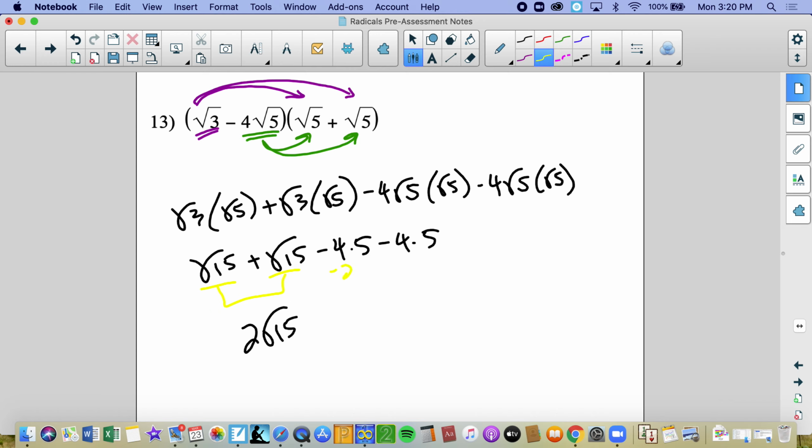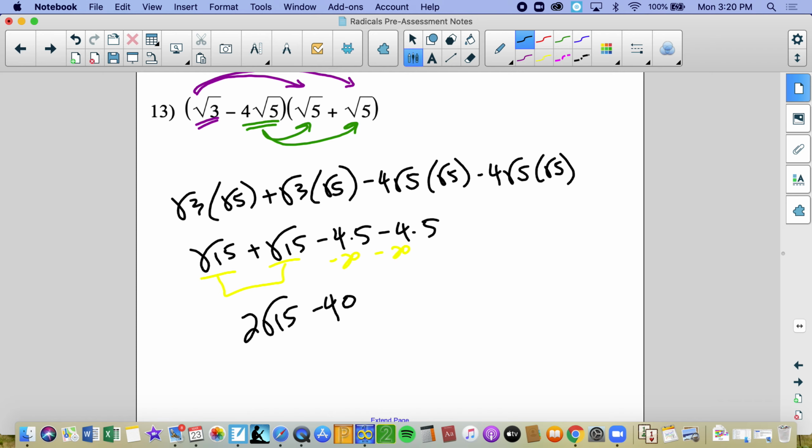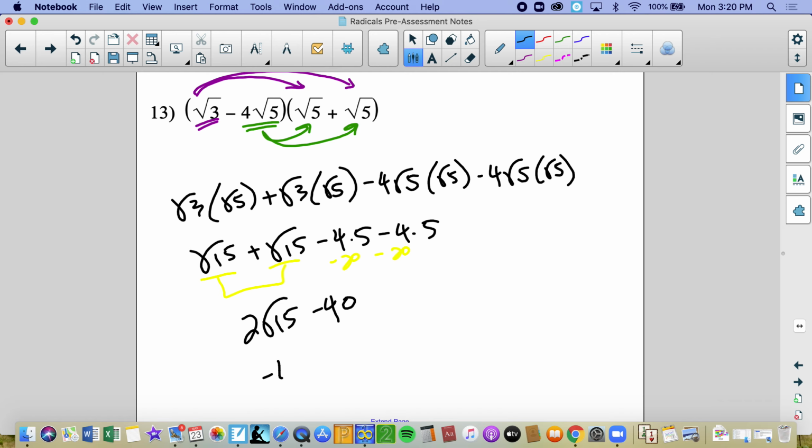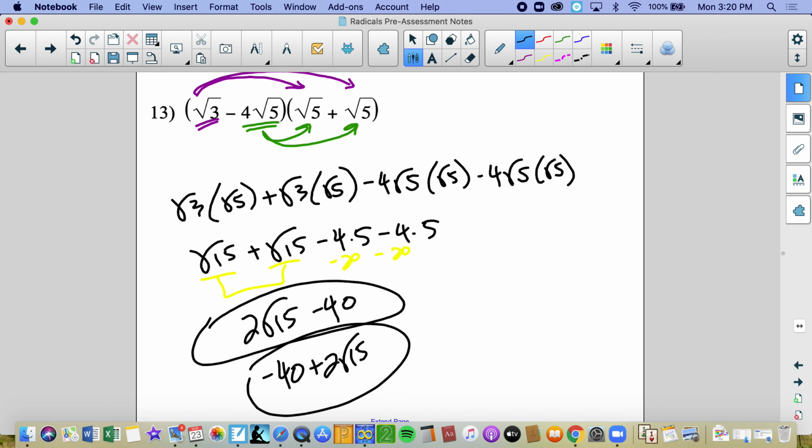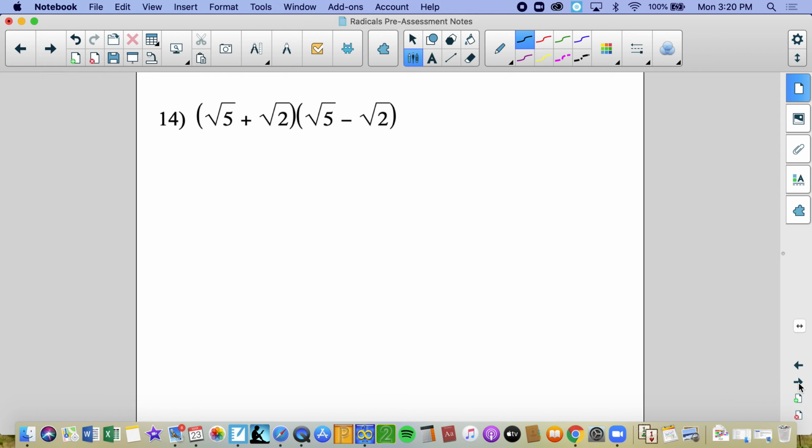And this is negative 20 minus 20, which gives me negative 40. You can leave it like that. I'd probably write it this way for me, but both are correct. And notice rad 15 cannot be simplified. So I'm always checking to see in my final answer, do I have any radicals that can be simplified?